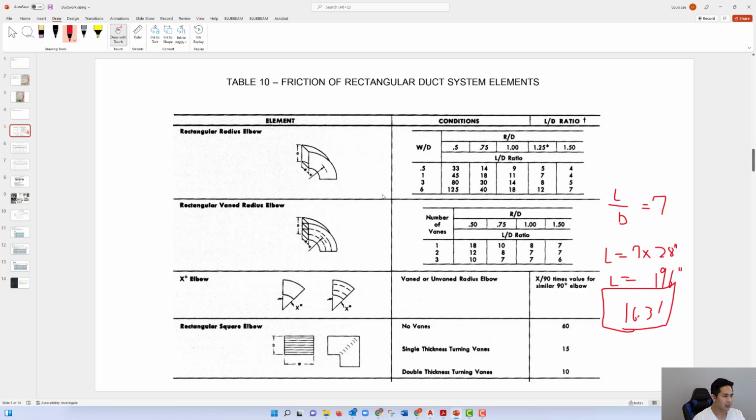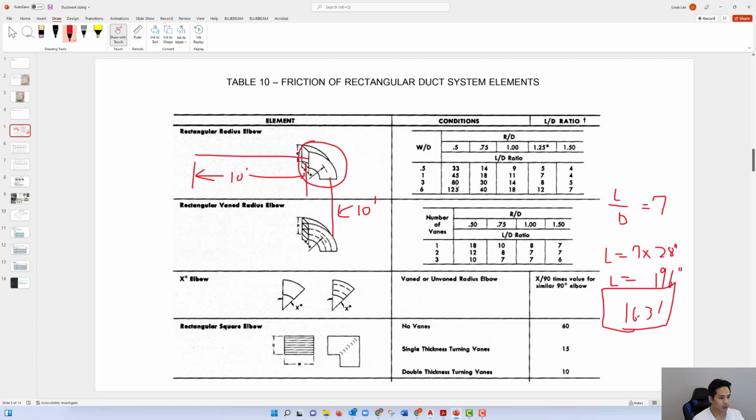So what this means is if you're calculating the friction loss of duct, so let's say the duct goes this way, it curves, and then it goes down this way. When we size the duct at 0.08 inches of water column per 100 feet, you have to add up the total feet that ratio is applied to. So you have to add the distance. So let's say this distance of straight run was 10 feet. And this also, let's say, is 10 feet. You have to add this piece of duct here.